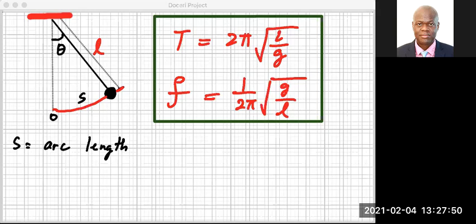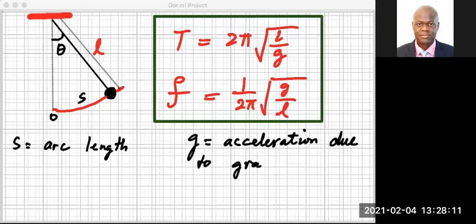So if you know the length of the pendulum, then you can find the period and frequency, because g here is a constant. g is equal to the acceleration due to gravity, which is approximately 9.8 meters per second squared.